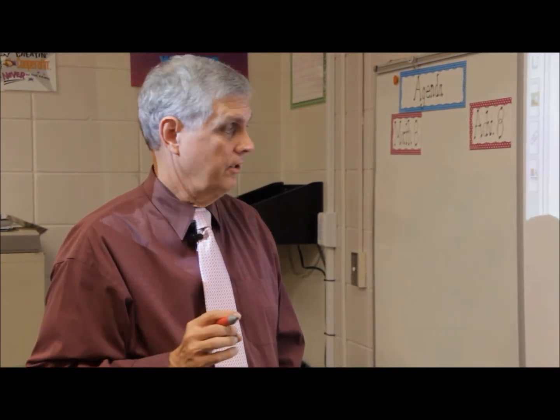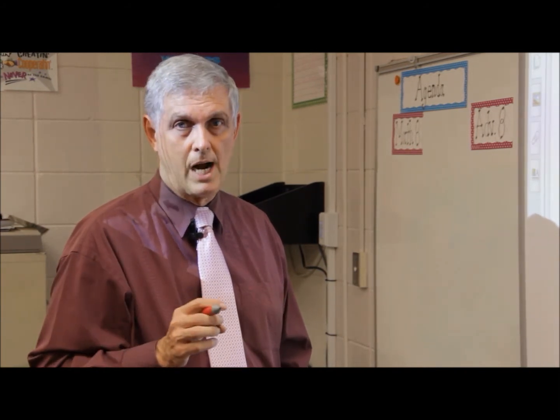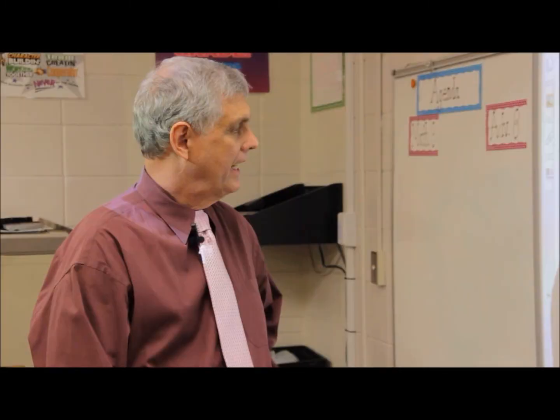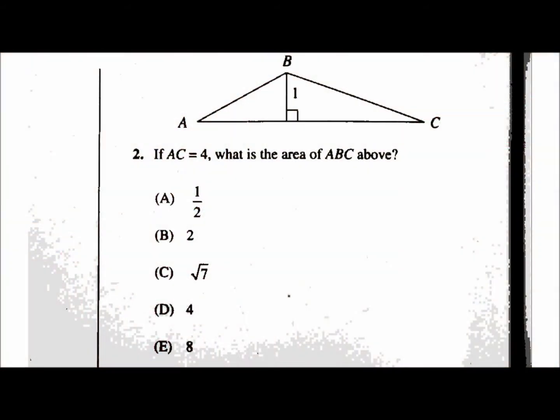And now what we're going to do is look at some specific problems where we use this information. Okay, here we have a typical easy triangle problem. In this one, they give you the triangle ABC, and they show you a 90-degree angle here and show this side of this little right triangle as being 1.